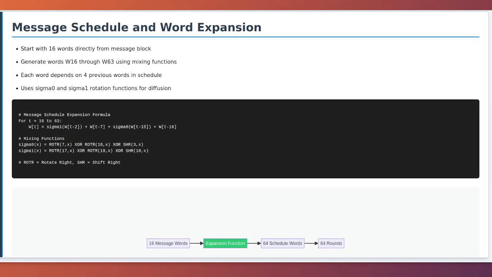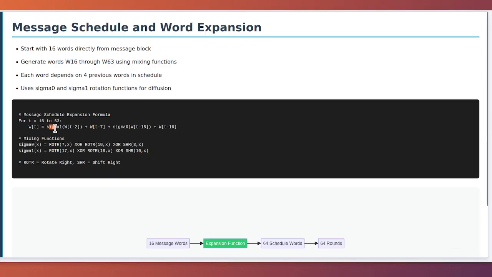Message schedule and word expansion. Each 512-bit message block is expanded into a message schedule of 64 32-bit words. This expansion is a key part of the mixing and diffusion properties of SHA-256. Here's how it works. We start with the 16 32-bit words that came directly from parsing the message block, words W0 through W15.